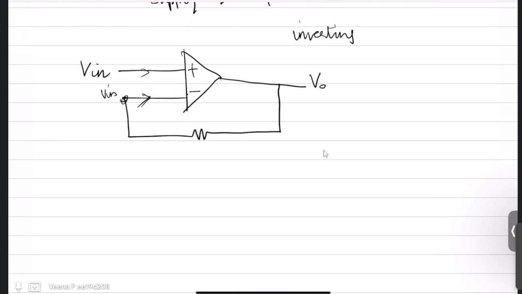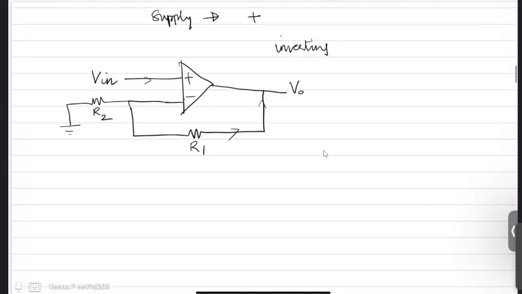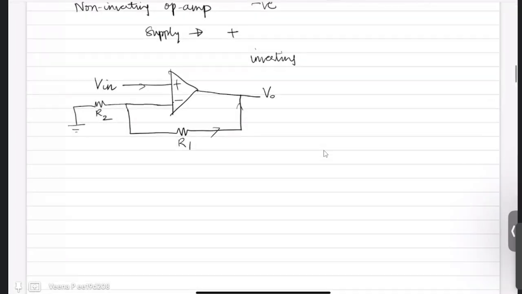This current is 0, this current is 0, the current through this path will also be 0. So you will add another resistor here. Let it be R2 and let this be R1.